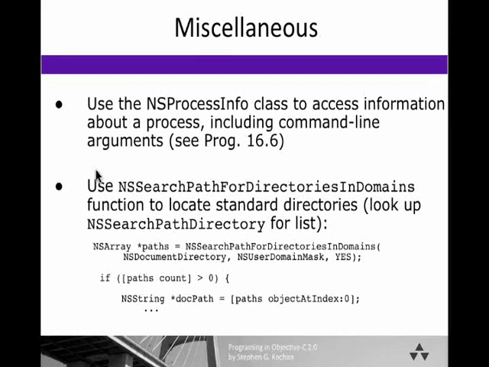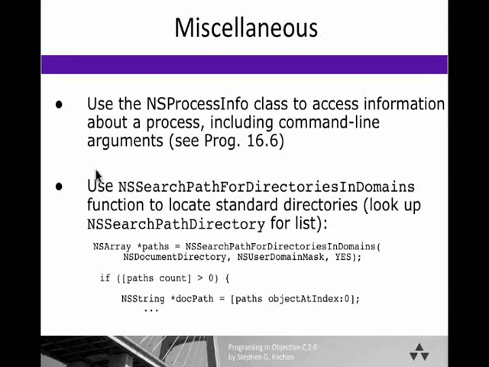If you wrote a command line argument program that's passed to main in that argc and argv, you can actually more elegantly get access to those arguments by sending the arguments message to that NSProcessInfo object and get back those command line arguments as actual objects for processing.